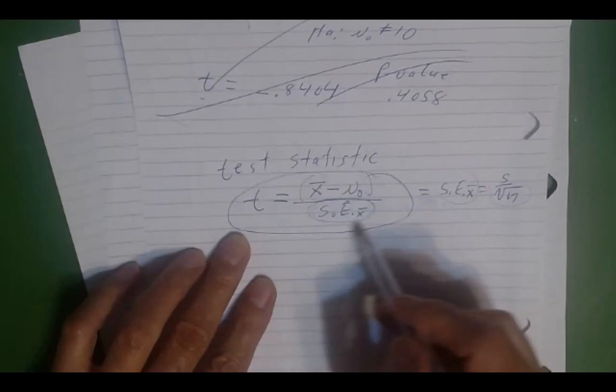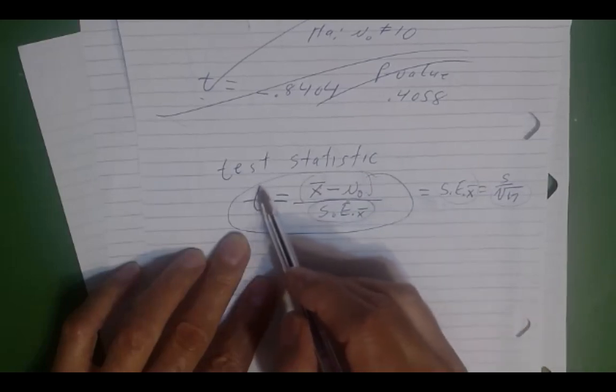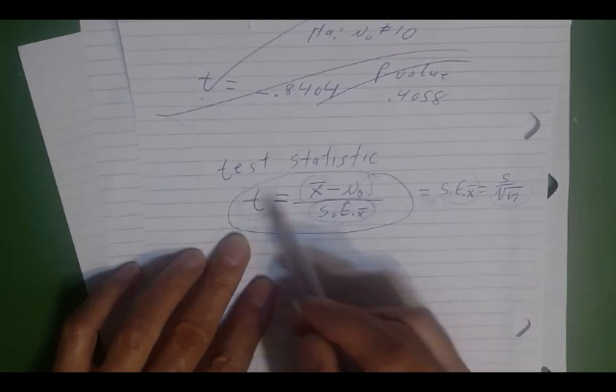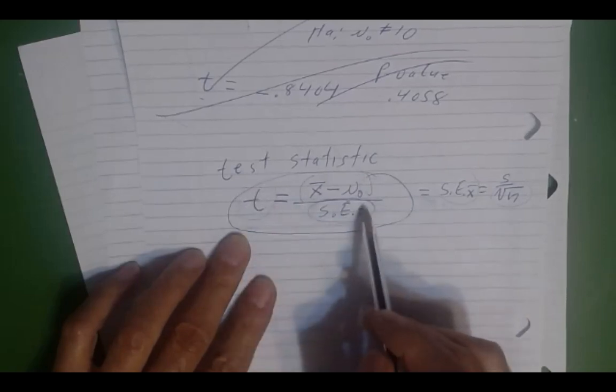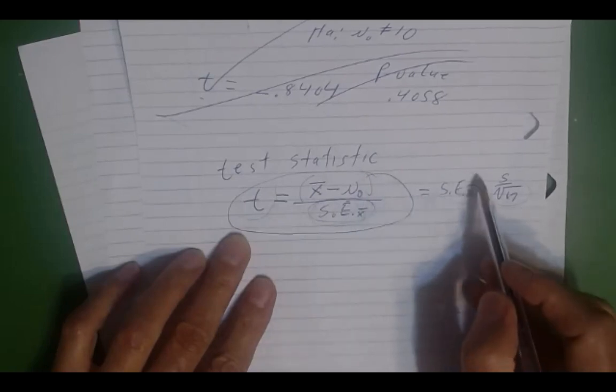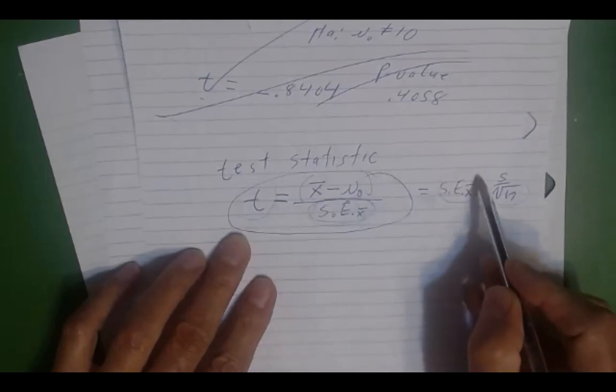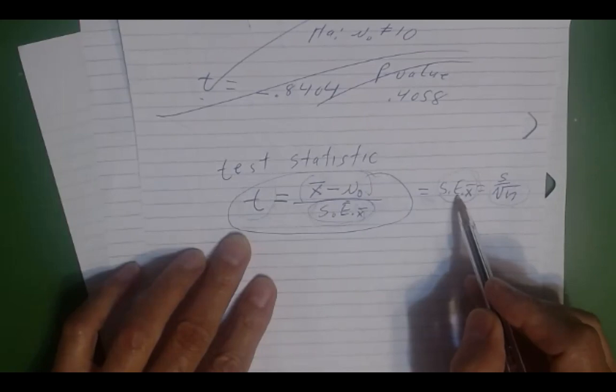That's what this does for us. It gives us a number. So this is like a t-score. It's a number of standard deviation units, and actually those are standard error units. And this thing tells you how big a single standard error is, how wide it is, right?